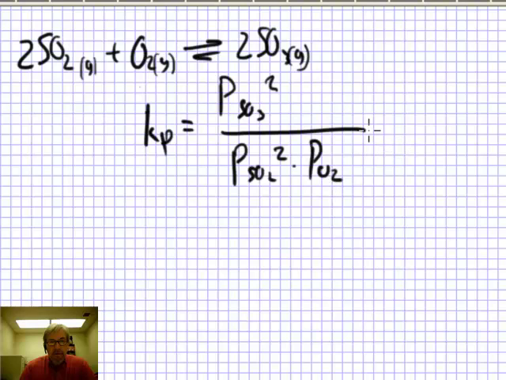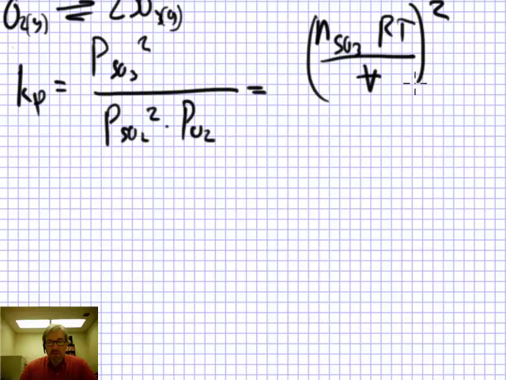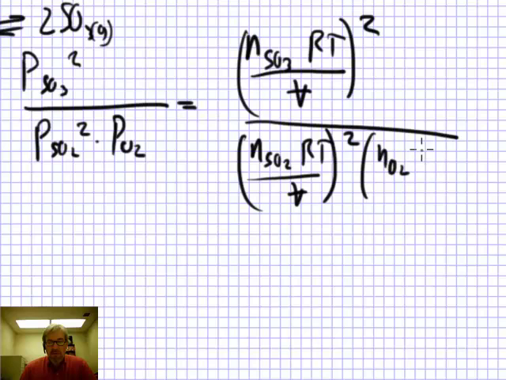Now let's change this expression so we get volume in here. P is equal to nRT divided by V, so let's exchange all these pressures for number of moles. So n SO3 times R times T divided by V squared is in the numerator, and the denominator is number of moles of SO2 times R times T over V squared, times number of moles of oxygen times R times T over V to the 1 power.